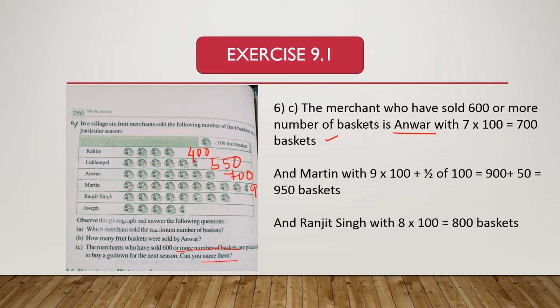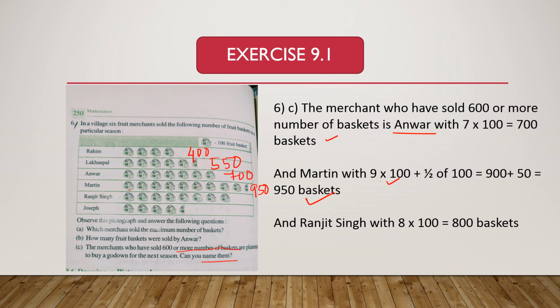So 9 multiplied with 100, one pictograph fruit basket is 100, is 900, and half of 100 fruit baskets is 50. So 900 plus 50 is 950 baskets. So Martin sold 950 baskets. That is more than 600.